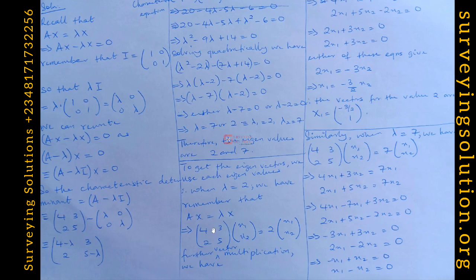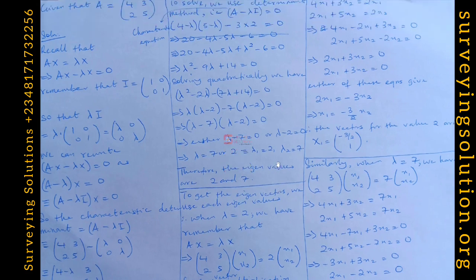So if that be the case, for vector multiplication, it simply means 4 multiplying x1 and then 3 multiplying x2, right? Good. So that's what you have seen here, 4x1 plus 3x2, right? Good. So that's simple matrix multiplication. This row will multiply this column, this row will multiply this column. That's how it works, right?